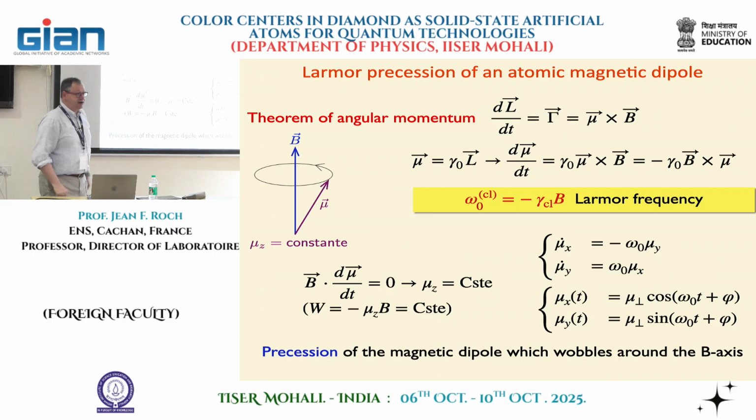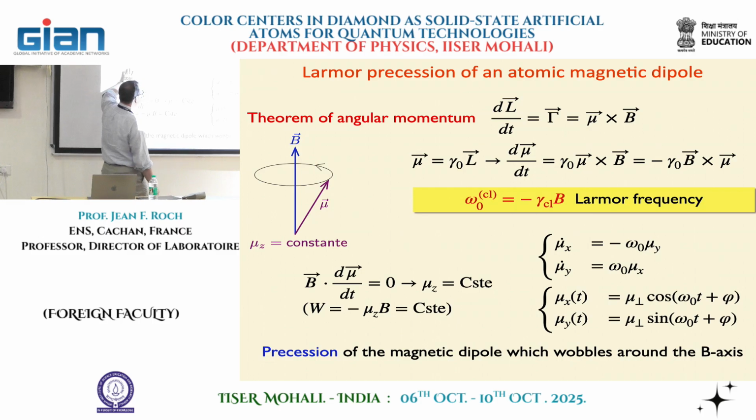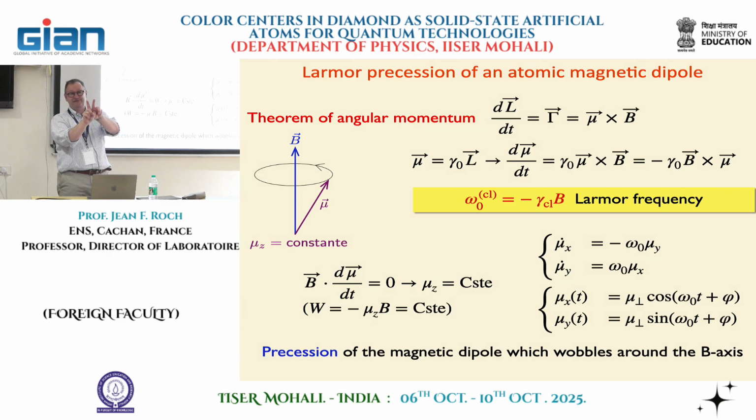It's a torque. So now, if I apply the theorem of angular momentum, then I can easily show that if the magnetic dipole has an angle with the magnetic field, the torque will turn it, and it will wobble around the B-axis, and this is a precession motion, okay?